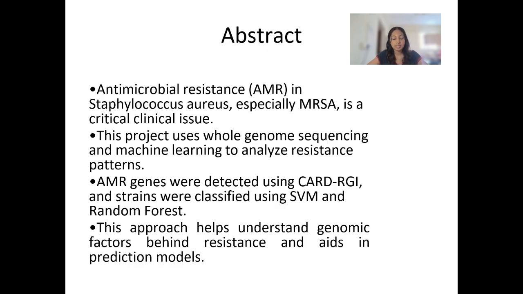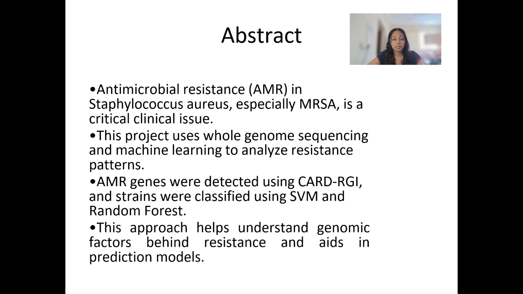About the abstract. Antimicrobial resistance, or AMR, is one of the most serious global threats we face today. Staphylococcus aureus is a common human pathogen responsible for a wide range of infections. Some of its strains, particularly MRSA, are resistant to many antibiotics, making treatment difficult. In this project, I used genomic data from resistant and susceptible Staphylococcus aureus strains.